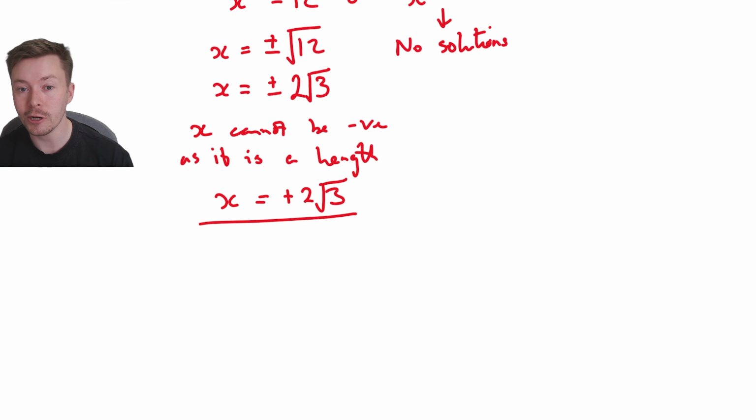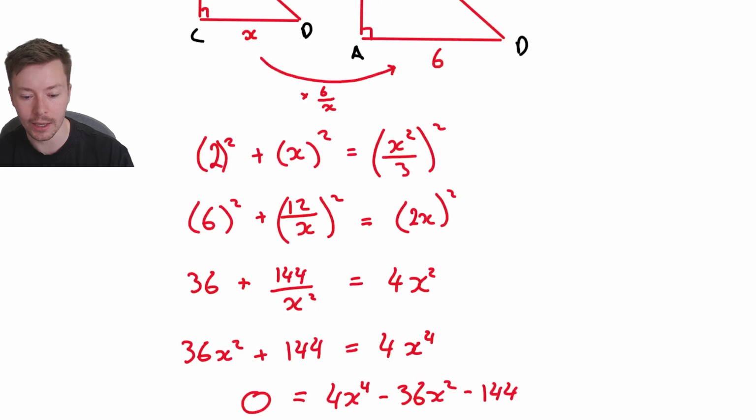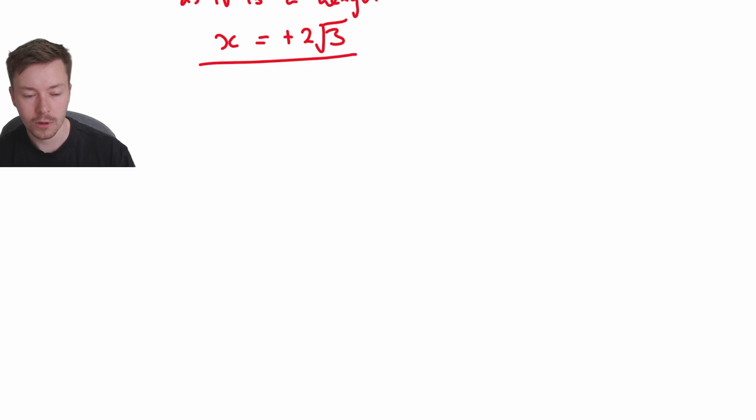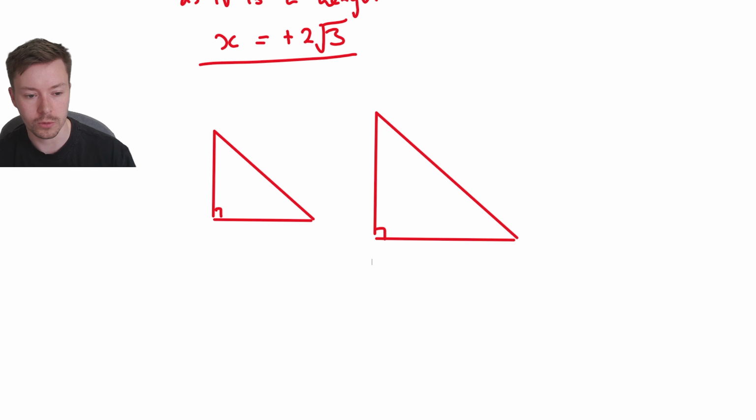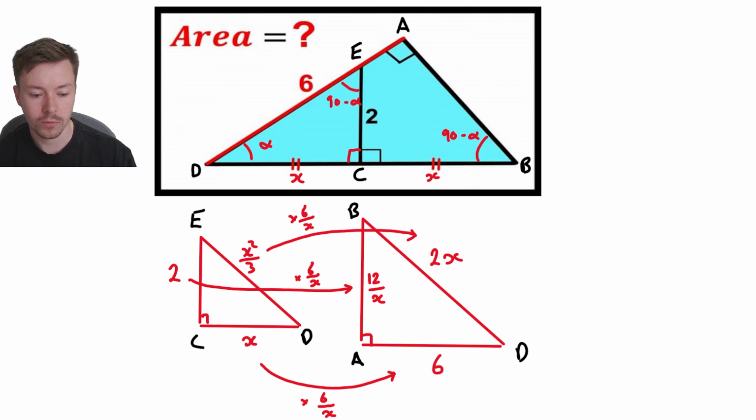Now that's not the answer, because the answer is asking about the area of the triangle. So if I quickly sketch out my triangle again, if I just scroll back up, it is ECD I'm looking at here, and we've got 2 and x there. Now actually what I'm going to do is put these triangles back down here, and label them.